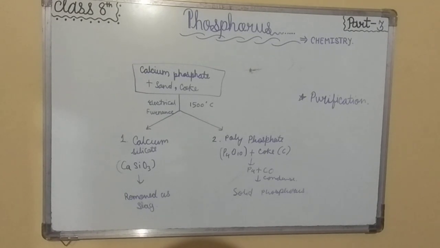First point, the impure phosphorus is melted with a mixture of potassium dichromate and concentrated sulfuric acid. Then the impurities are oxidized. The soluble impurities are removed as slag, whereas the pure phosphorus settles at the bottom as a liquid. This is separated from sulfuric acid and filtered through leather to obtain white or pale yellow phosphorus. Molten phosphorus is passed through water-cooled pipes to get solid phosphorus.